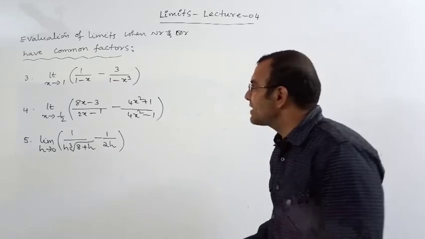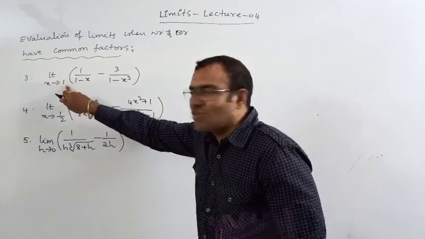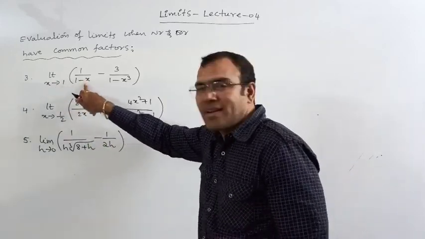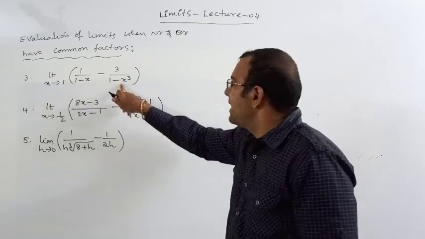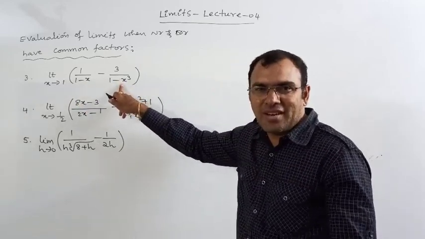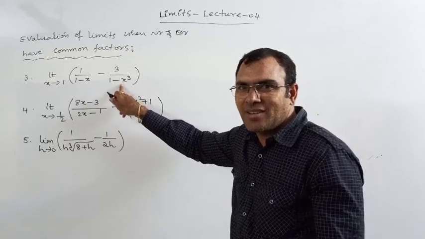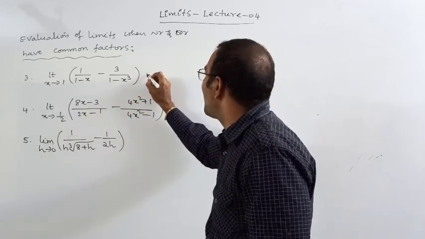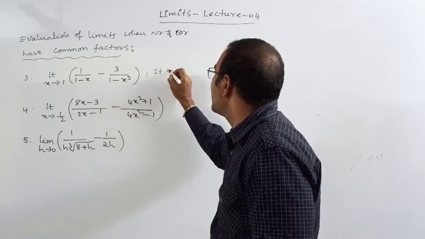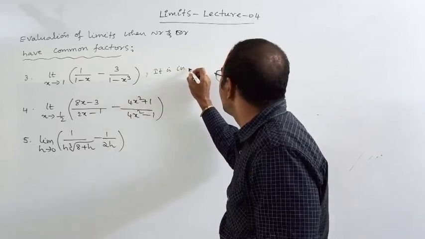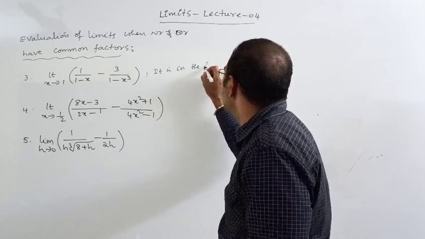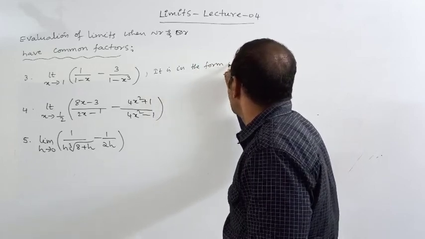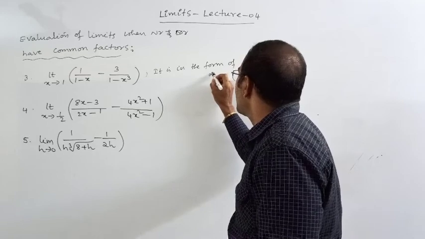You can think that if you see limit x tends to 1, actually it becomes some infinity. It also becomes some infinity, isn't it? So this is in the form of infinity minus infinity.